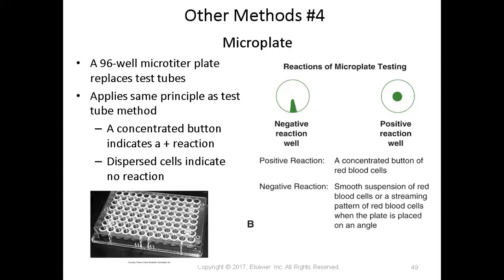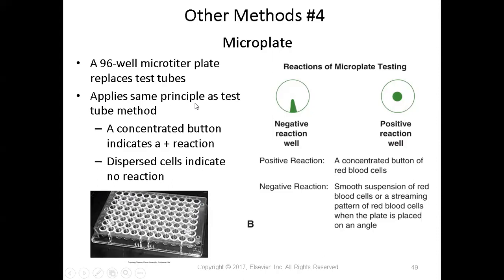So they use microtiter plate technology of some sort. And here we see a 96 well microtiter plate, and it's very automated at the Red Cross. Red cells and antiserum are all added with a robotic arm into the plate.